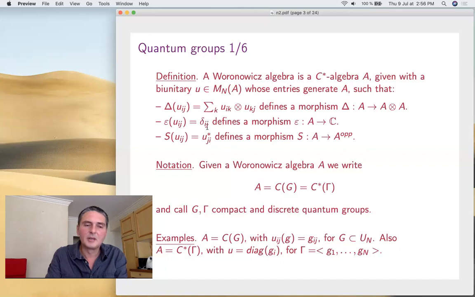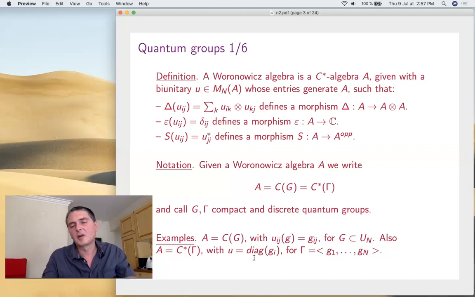Here epsilon of g must be 1, so that's the trivial representation. S of g is g minus 1. That's not exactly a representation, but if you put the opposite algebra here, that's why opposite is there, it is a group representation, so that's just fine. So once again, you can prove that this Woronowicz algebra is so-called co-commutative.